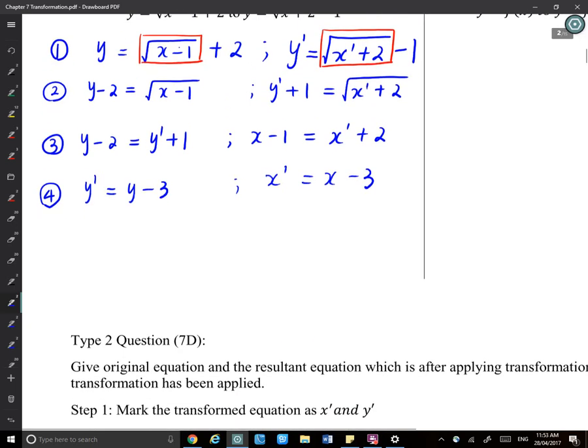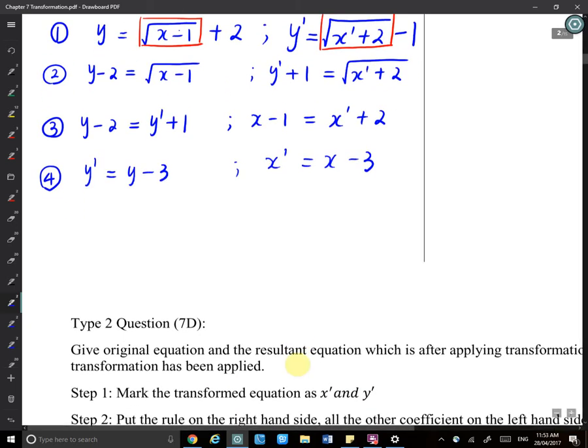So what can you say? I can say translate 3 units to the left, because x has been subtracted by 3. The old graph has been subtracted by 3.